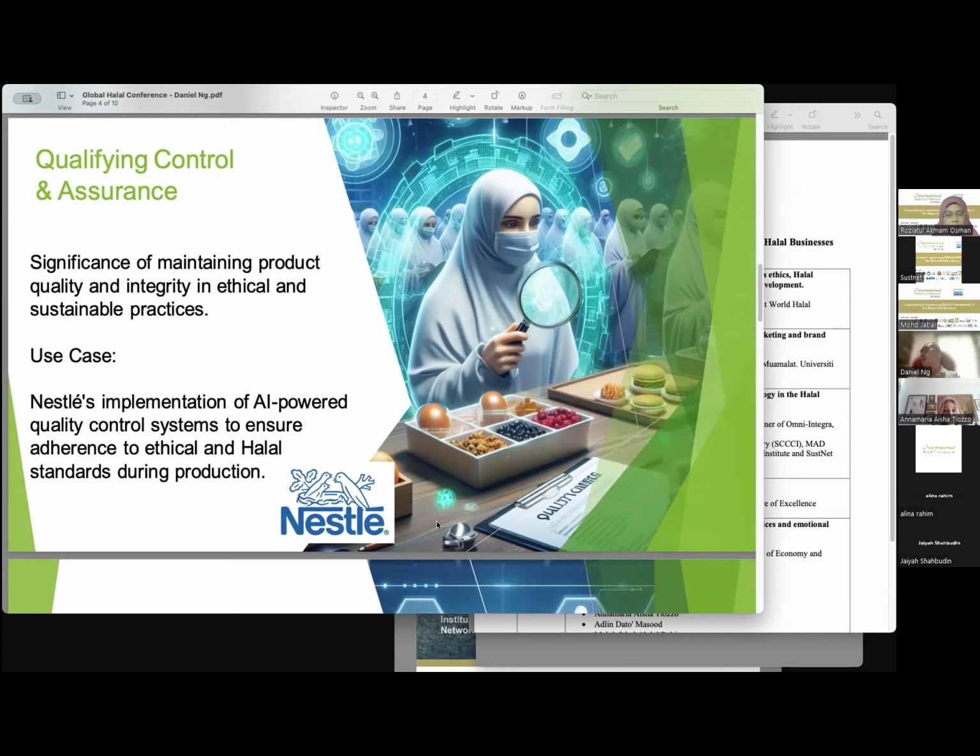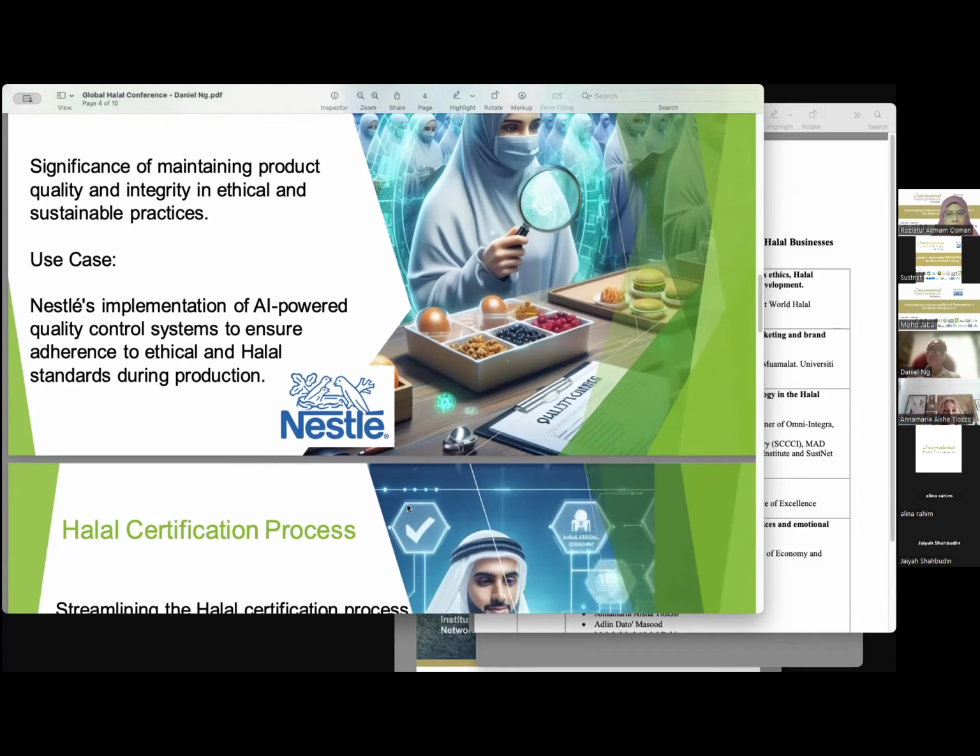You must also have another system to look at quality control and assurance to make sure that the ingredients you're using to produce the products are really in adherence to what you are looking for in the halal framework. If we go to the next slide, please.